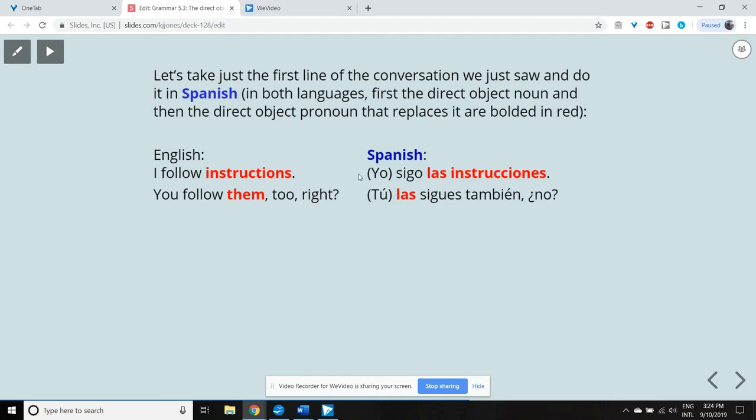So notice the word order. When we have our direct object noun, right, it's the same in English and Spanish. Subject, yo, verb, sigo, direct object noun, las instrucciones. But when we replace our direct object noun, instrucciones, with the pronoun that agrees with it in both gender and in number, instrucciones is feminine and plural, what happens then?